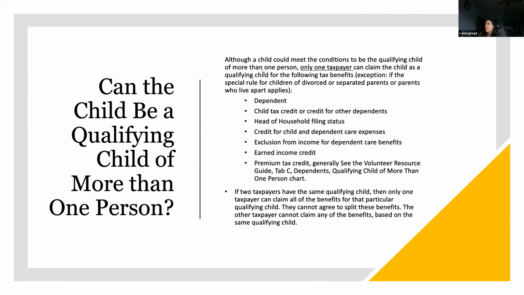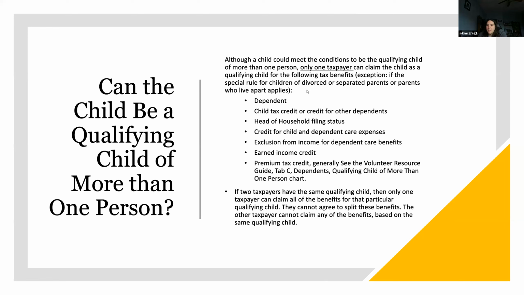We need to make sure the child is only being claimed on one return, because we have had situations where a parent comes in and says, it's my year to claim the child, but maybe the other parent already did, or their grandma already did, and their return rejects. Whoever tries to claim it second, their return is going to get rejected. So we need to make sure they know that it's their turn to claim the child.